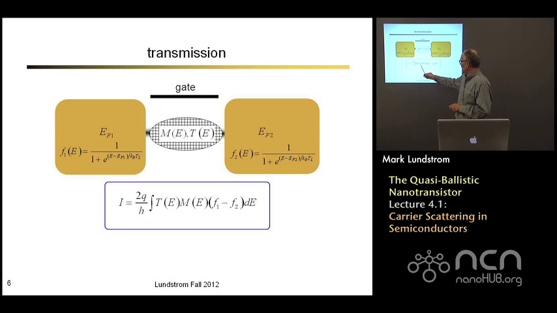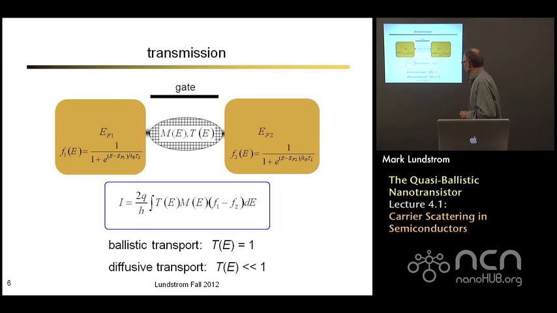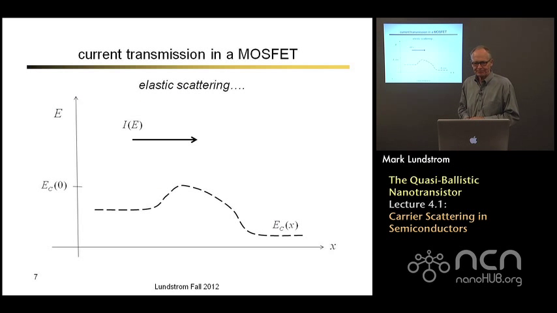Last week, we assumed ballistic transport, and we let the transmission equal 1. This week, we want to talk about what happens when there's scattering and the transmission is less than 1. So we won't be talking about the diffusive limit, which is the traditional limit where MOSFET theory was worked on. We won't be talking about the ballistic limit, which is what we discussed last week. We'll be talking about the in-between regime where modern-day silicon MOSFETs operate.